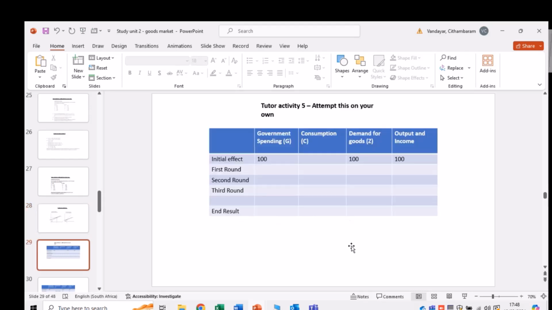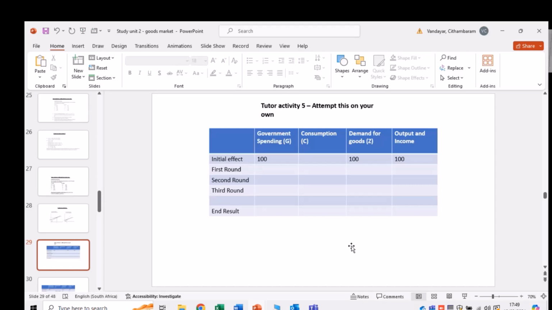Then we get to the next tutorial activity. Remember the multiplier, which I told you about: an initial injection will result in a greater than proportional impact on the level of income and output. For example, if there's an injection of 100 million rand by government, the eventual benefit of that initial injection will be greater than the injection itself, and that occurs as a result of the multiplier.